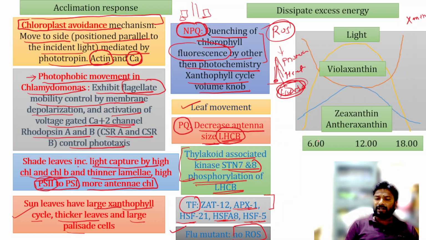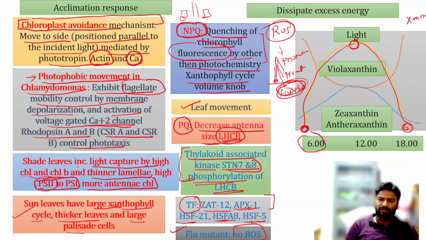Also, this is the xanthophyll cycle. Friends, the yellow one is the light intensity. You know that in the morning there is low light, during the afternoon there is high light, and again in the evening there is low light.